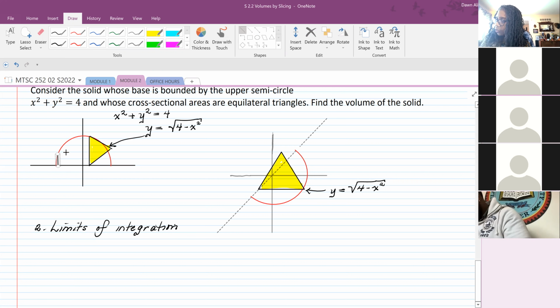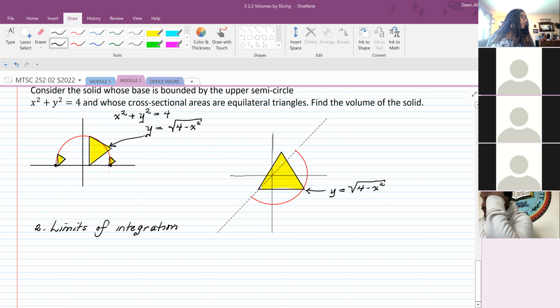The triangles start way over here, like that, and then they go up to there and then they end up way over here. So the triangles start at this value of x and they end at this value of x.